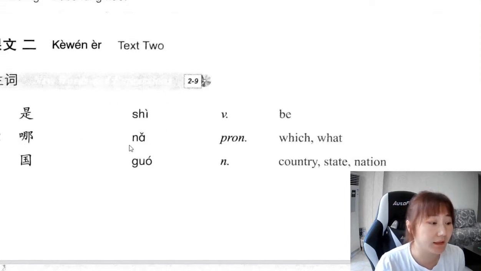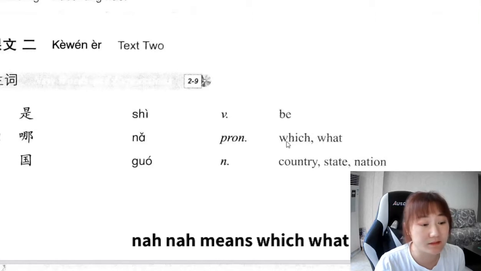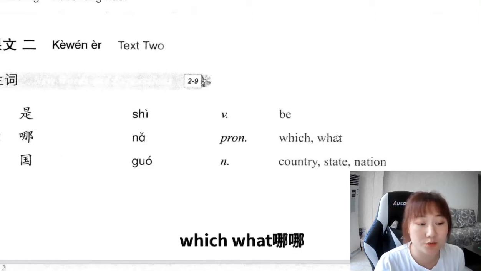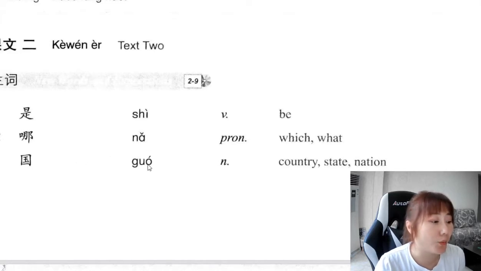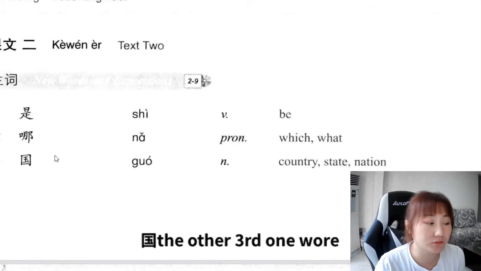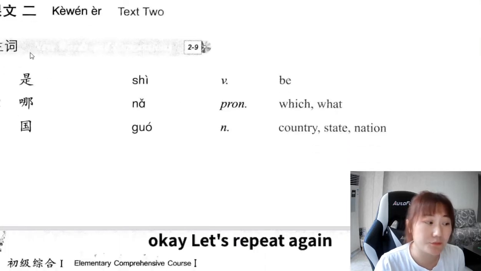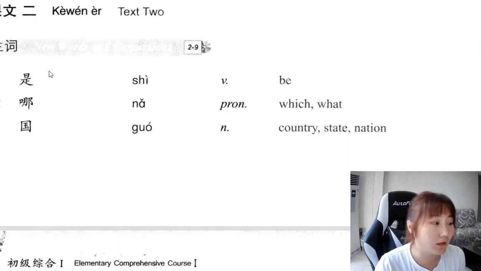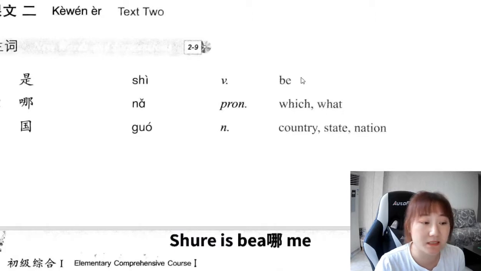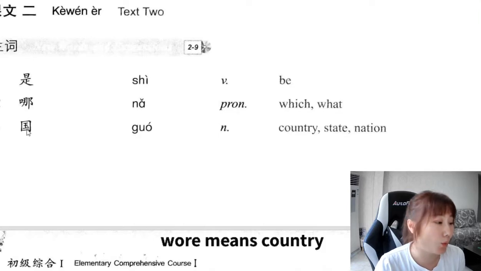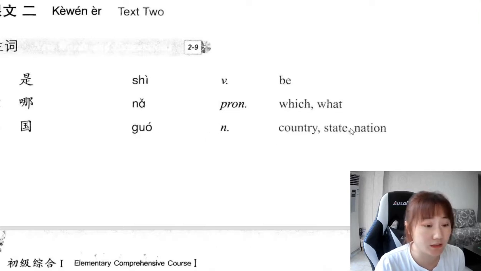And the second one 哪 means which, what. 哪国. The third one 国 country, state, nation. Okay, let's repeat again. 是 means be. 哪 means which, what. 国 means country, state, nation.